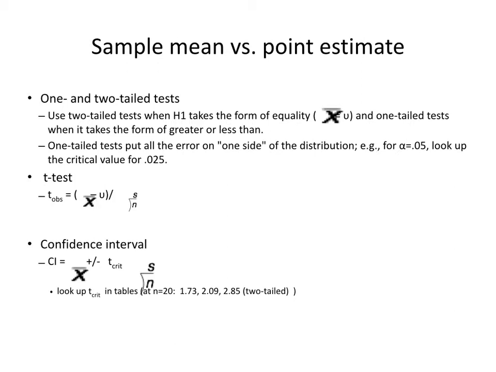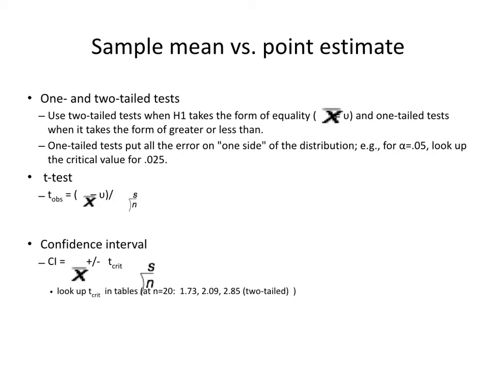That expression can be rearranged to create the confidence interval, and we've seen this equation before. So the confidence interval about the mean is x bar plus or minus the t critical value times the standard error of the mean. So that t critical value is a function of how confident you want to be. And you can look that up in tables.